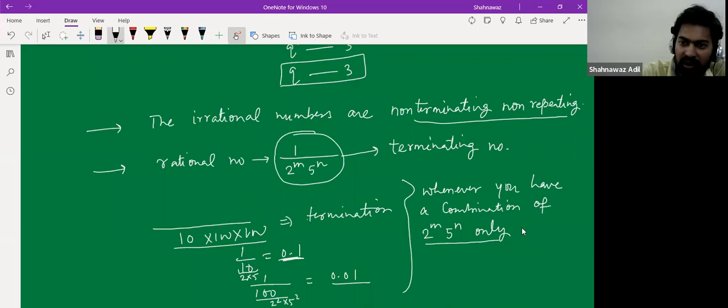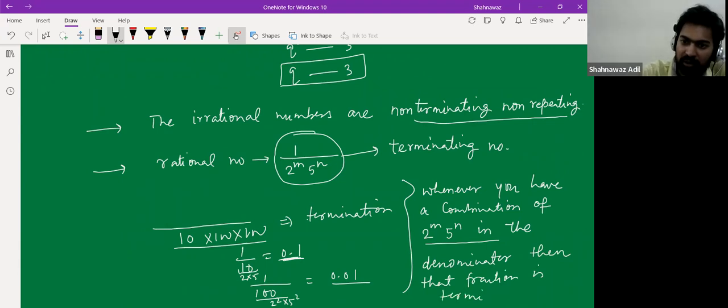Then that in the denominator, then that fraction is terminating. Okay. So by just looking at the prime factorization of the denominator, you can tell whether that fraction is terminating or not. Understood? Any doubt in that?